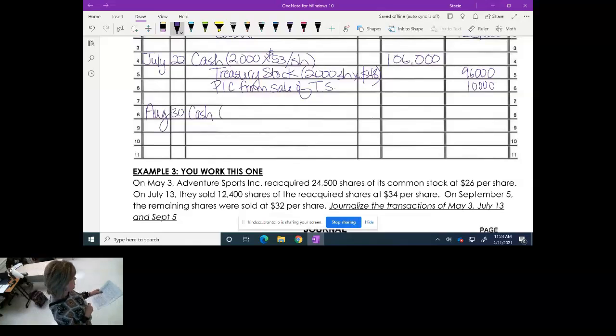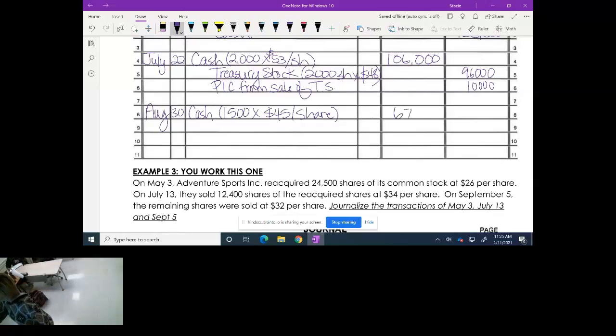Okay, so the rest of the shares were sold, which is how many? Started out with 3,500, purchased 1,500 back. 2,000 have already been sold, so we're going to sell the other 1,500 for how much? $45 a share. So already you can tell you're going to have a difference here.